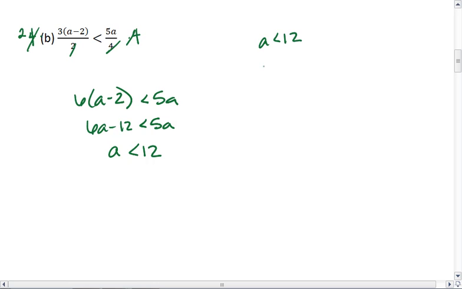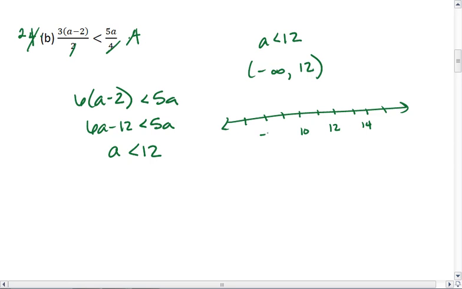In interval notation, this would be negative infinity, comma 12 with a rounded parenthesis. And on my number line, I use an open rounded parenthesis at 12 and thicken the line towards negative infinity.